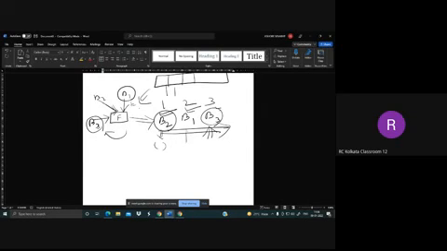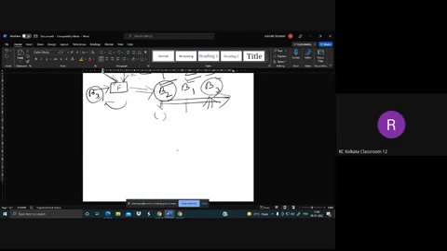Okay, so let me write this with an example. A repair facility shared by a large number of machines has two sequential stations with respective rates 1 per hour and 2 per hour. Okay, you have a repair facility having two sequential stations.